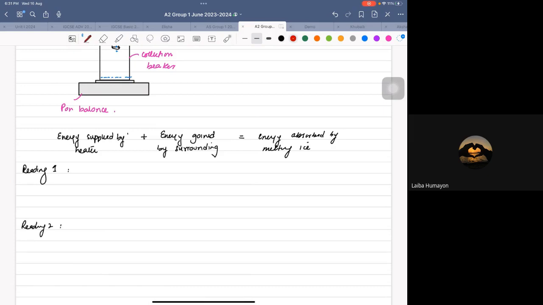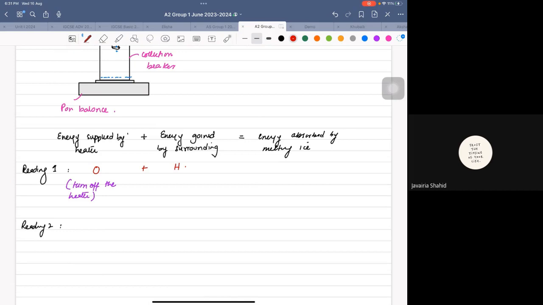So in the first part I'm going to get no energy from heater, and the reason why I'm doing this, I will basically turn off the heater. So when I've turned it off, now the only source of energy for ice to melt is the amount of energy that comes from the surroundings. Is it clear? Do you guys understand that? Yes.